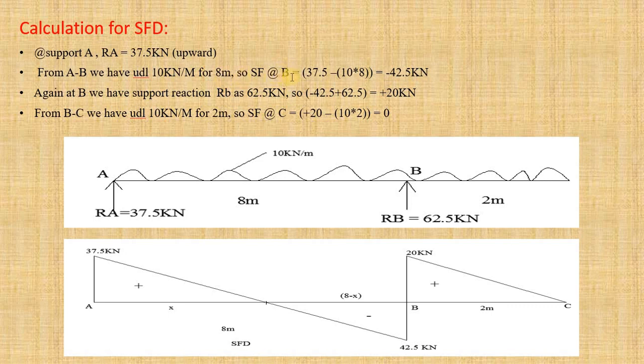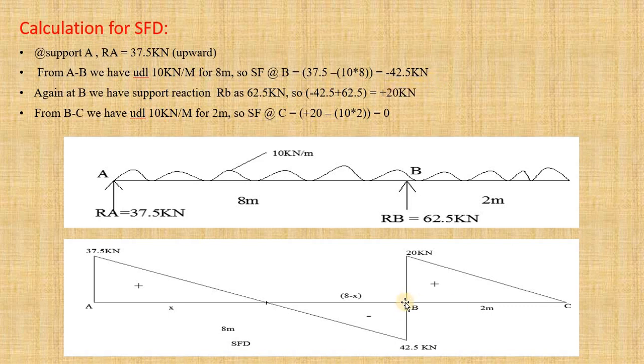So SF at B: the support reaction 37.5 is there and this UDL is acting downwards, so it is minus 10 into 8. RA minus 10 into 8, you will get minus 42.5 kilonewton.